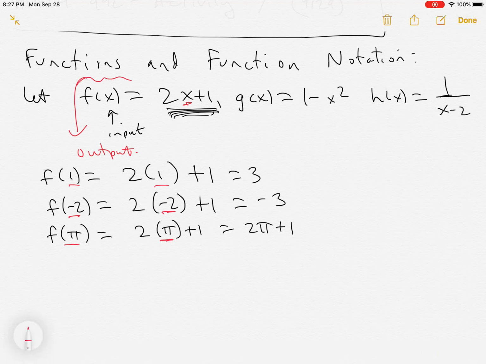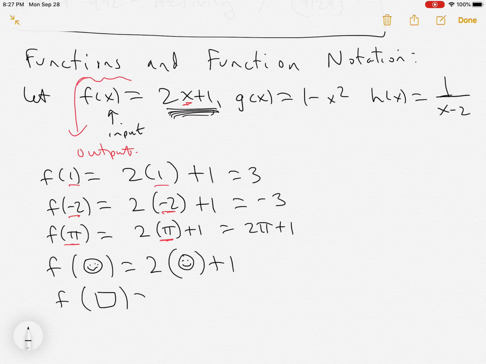So let's do something a little more fun. Let's say you're asked to find f of smiley face. Well, that's 2 times smiley face plus 1. Let's say you're asked to find f of square.